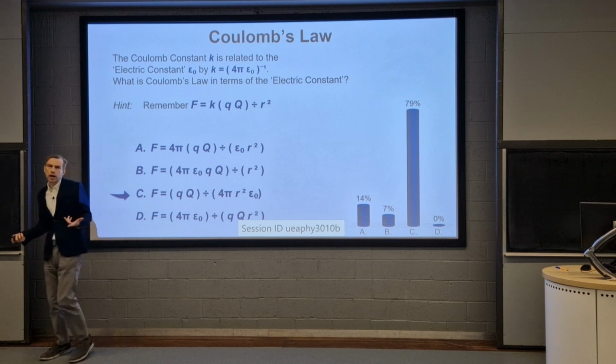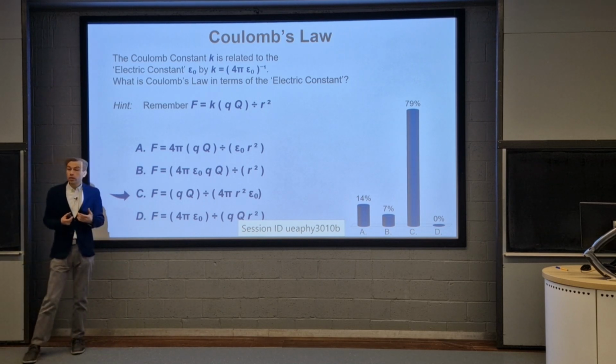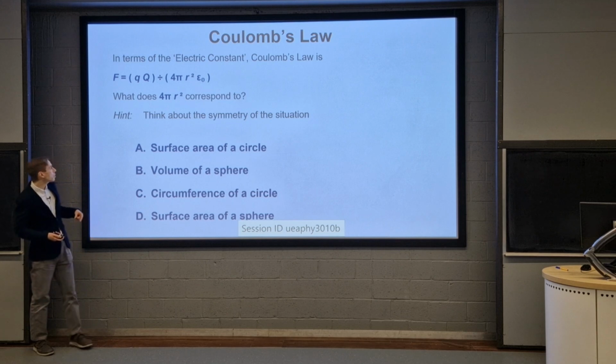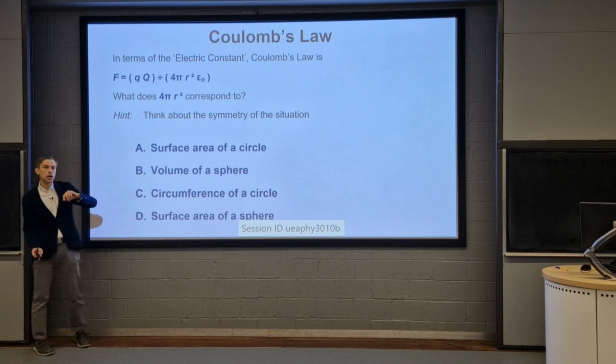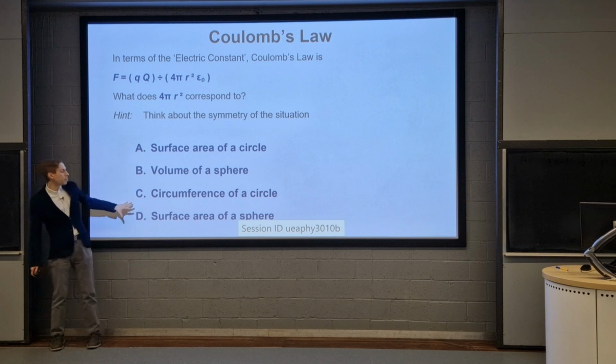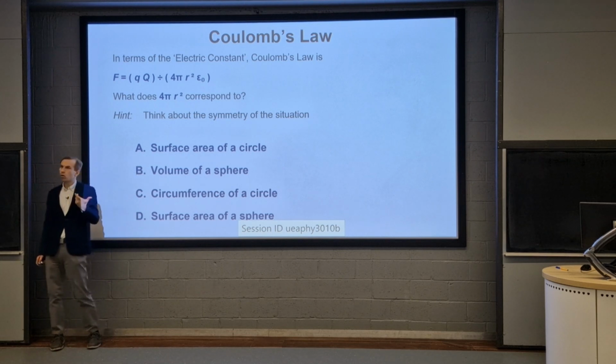What's going on with that? This is really the line of reasoning that Gauss was following to develop a law to explain electric fields in general. So let's have a think about this question here. We've got this 4 pi r squared popping up here. Which of these geometric concepts does this 4 pi r squared correspond to?